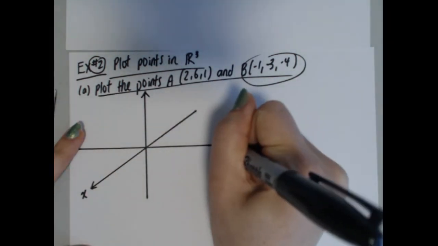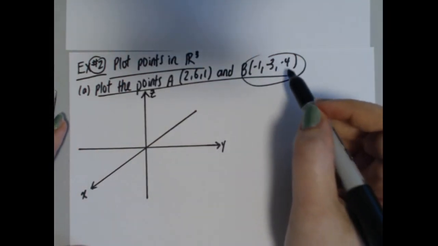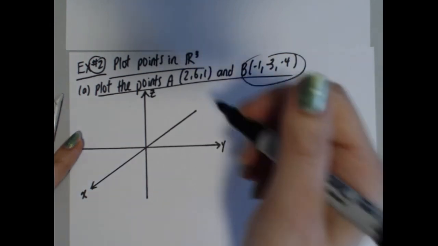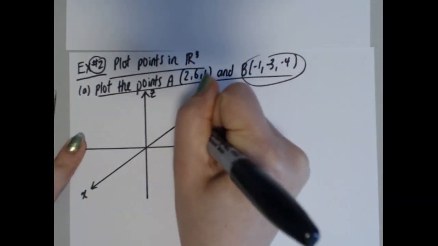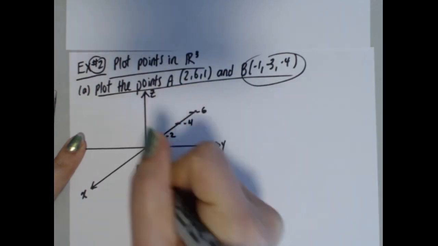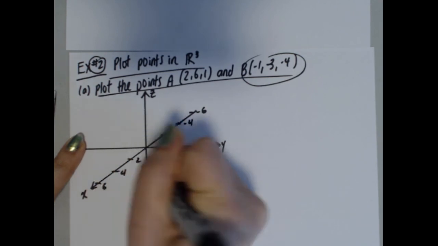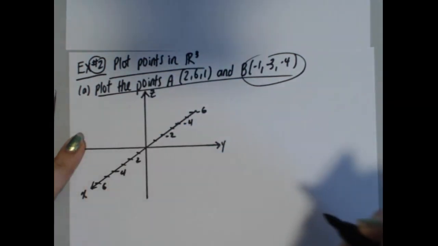So X, Y, Z. Now notice that, well, at least for B, the biggest number I reach is 4, but for A it's 6. Let's just go up to 6. So -6 to 6. So -6, that's going to be -4. That'll be -2. 2, 4, 6. Okay, and of course there's the halfway points as well.